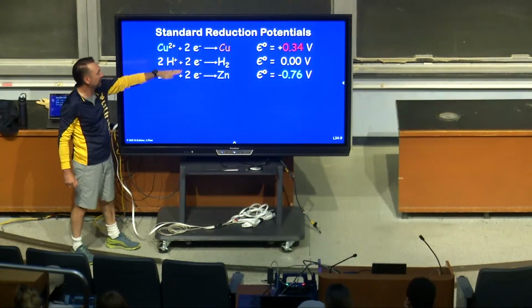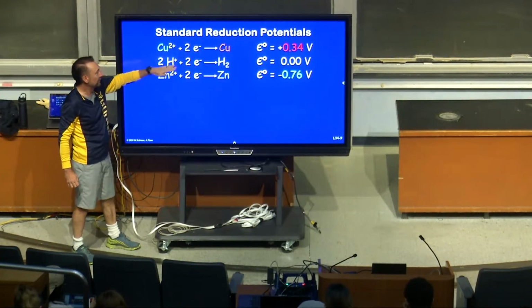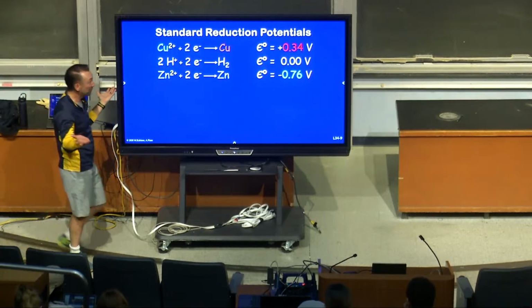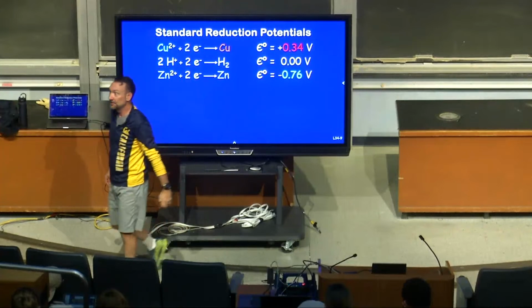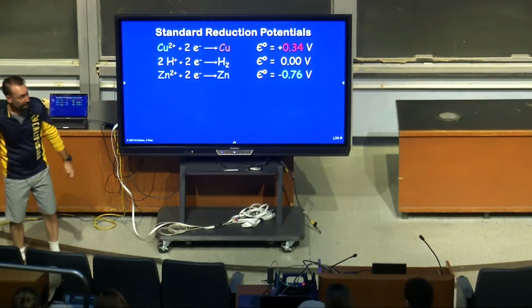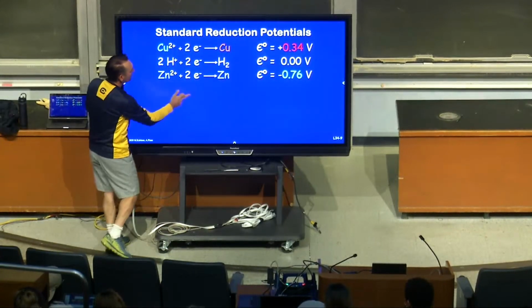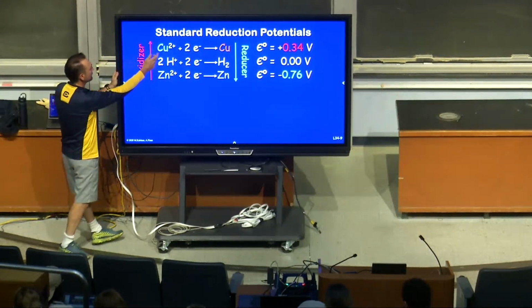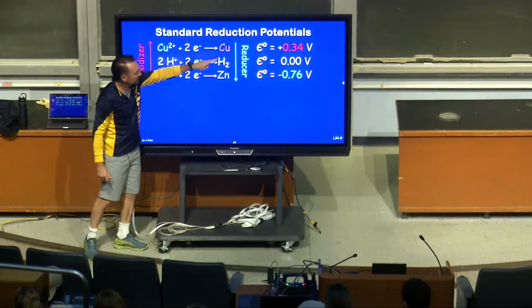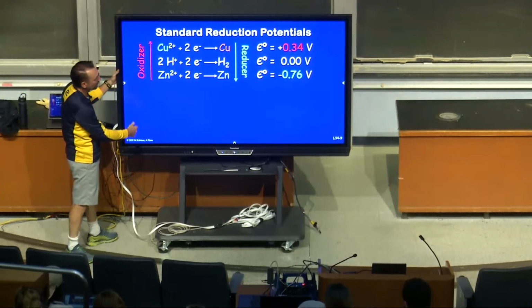This one we just define to be 0 volts. And remember, this is all thermodynamics. We can set 0 anywhere we want. Voltage is a state function. Okay, that means these are stronger oxidizers and these are stronger reducers as you go up and down.